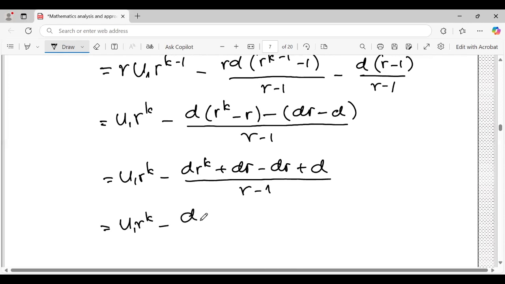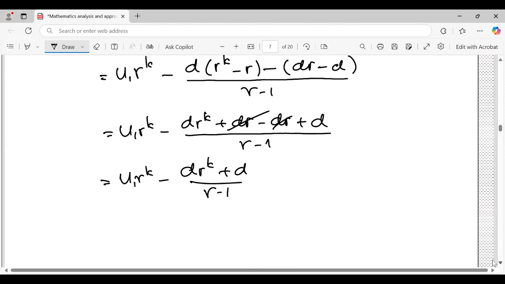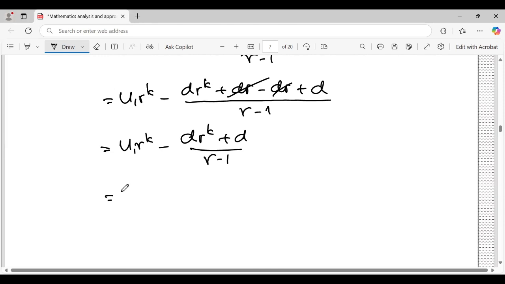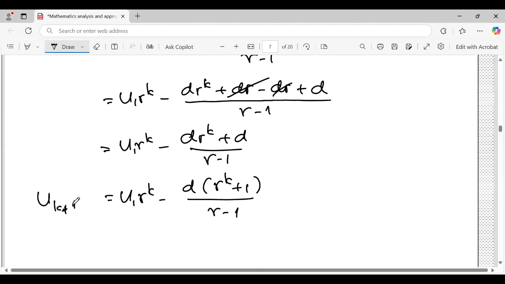This one, d r power k minus d, plus d over r minus 1. Factorize. So prove that uk plus 1 equals this expression.